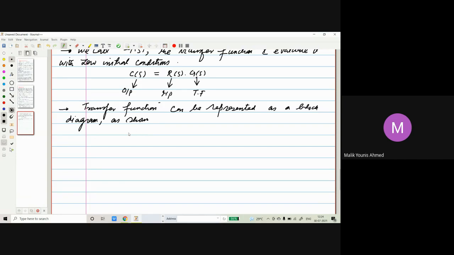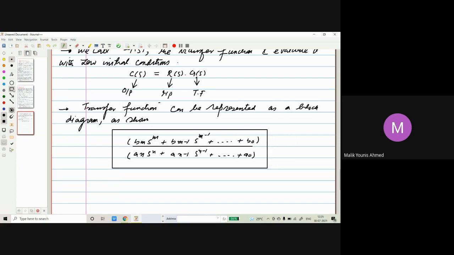First I will write the numerator, that is Bm s raised power m plus Bm minus 1 s raised power m minus 1 plus so on and so forth plus B naught, divided by An s raised power n plus An minus 1 s raised power n minus 1 plus so on and so forth plus A naught, bracket close.